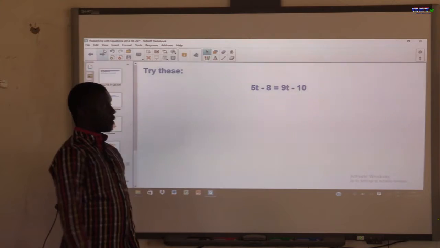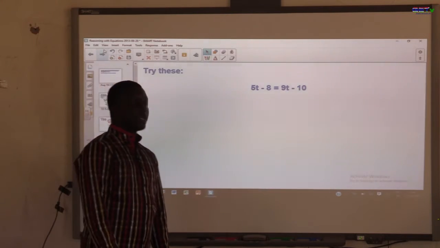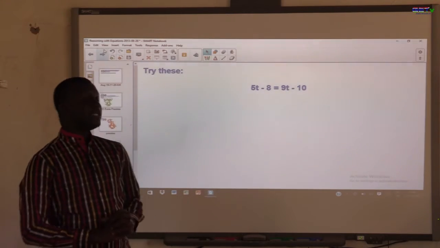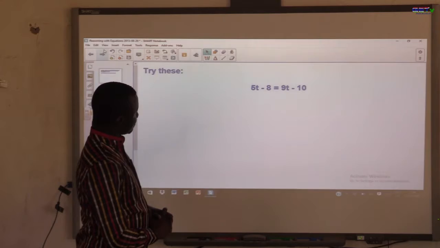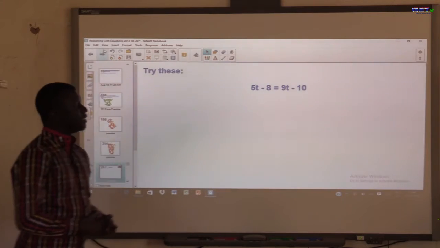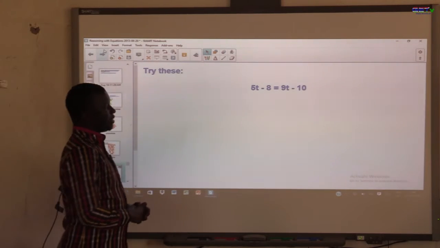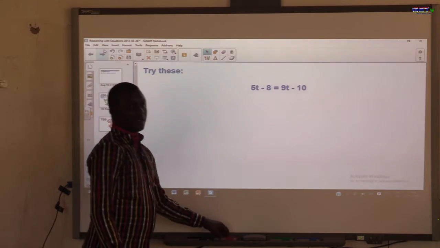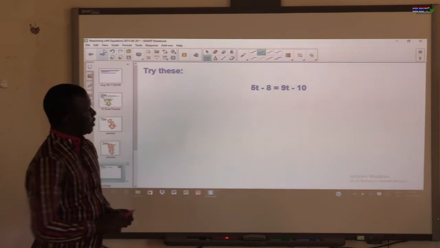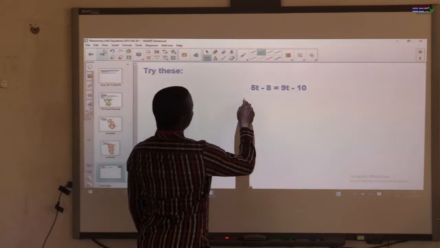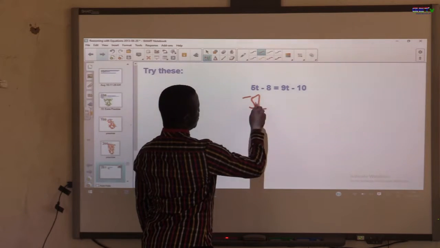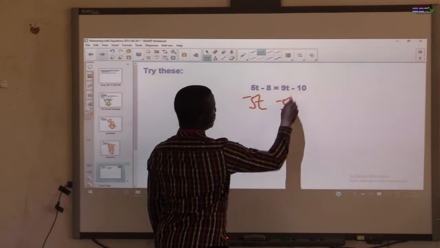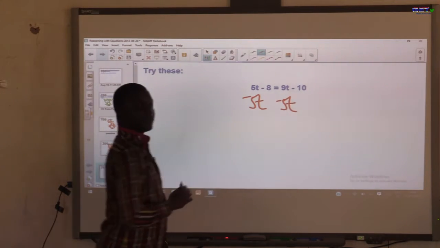Here is another trial question: 5t minus 8 equals 9t minus 10. As we discussed before, we first undo the smaller variable by subtracting 5t here and subtracting 5t from the other end.